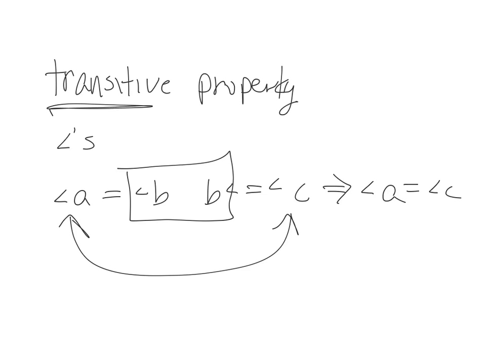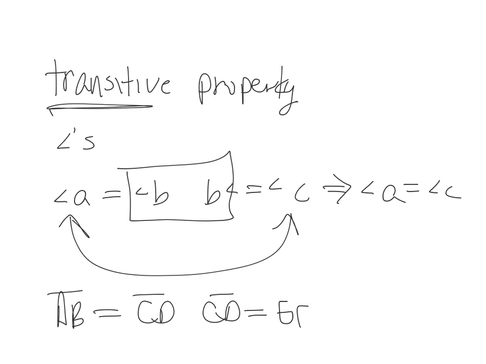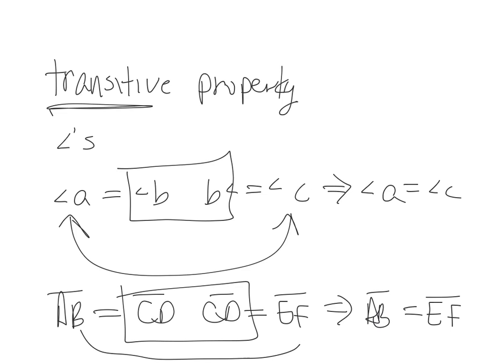You could say it with segments. Segment AB, this is just random, is equal to segment CD. Segment CD is equal to segment EF. So you can say that segment AB is equal to segment EF. It works for anything. If your middles match, your ends are equal.